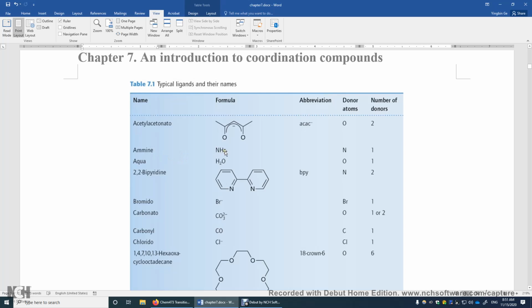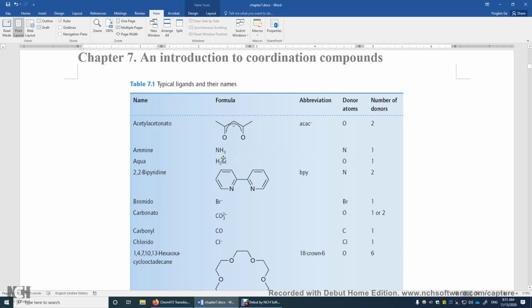This is ammine. Again, it's ammonia, but in transition metal chemistry, we'll call that ammine. The donor atom is nitrogen. There's only one donor. Water: again, despite the two lone pairs, there's only one lone pair from the oxygen that can form a bond with the same transition metal center.